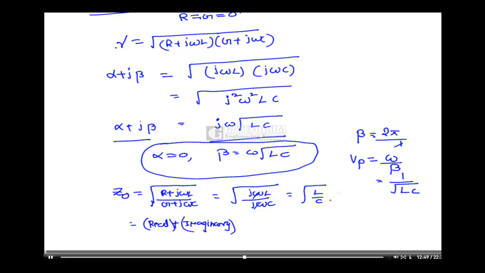For a lossless line, if you observe, we have only L by C. Only the real part is there.